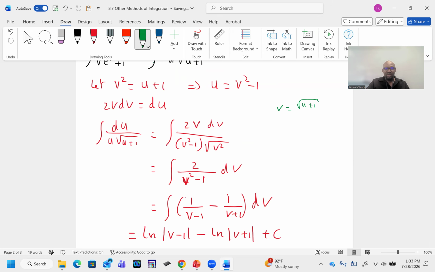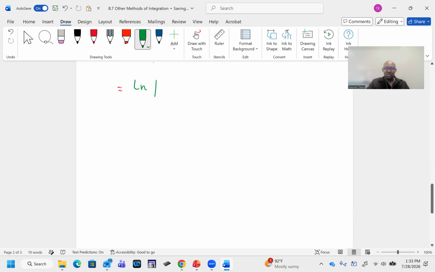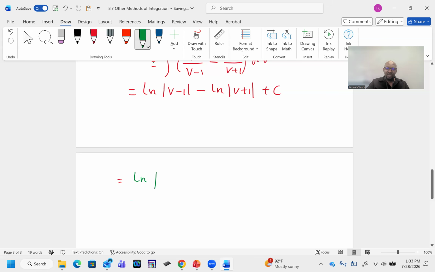So I will have ln absolute value of square root of u plus 1 minus 1, minus ln of absolute value of square root of u plus 1 plus 1, plus c.